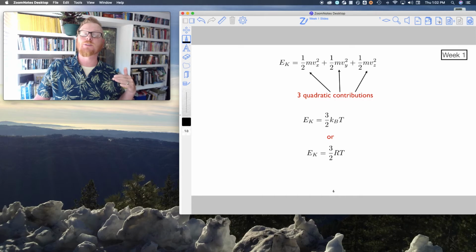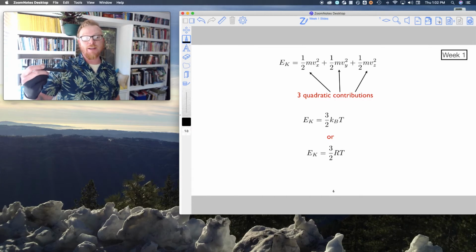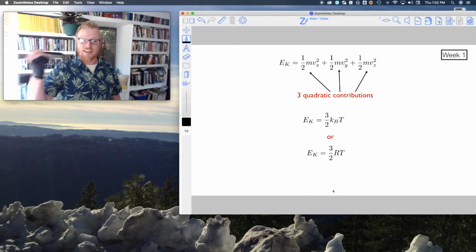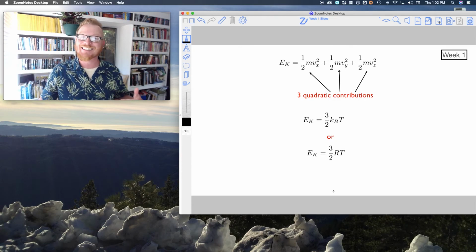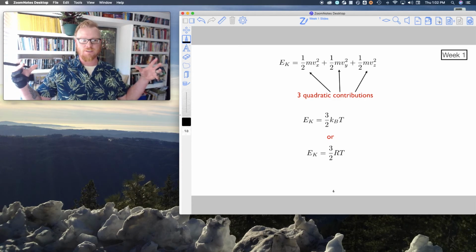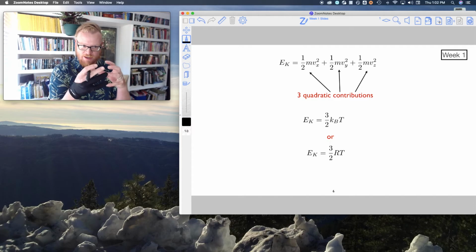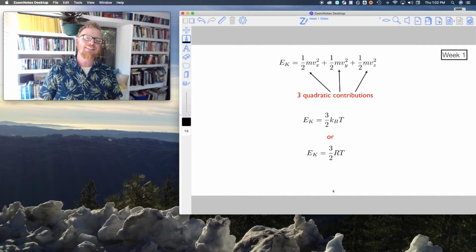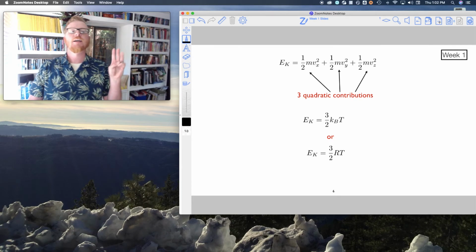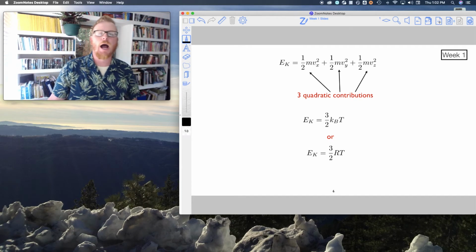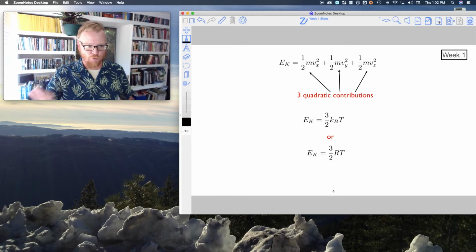As we shall see in liquids and solids, movement in the positive x direction and movement in the negative x direction is significant because liquids and solids are compact together. They might have a neighbor that's different in the negative direction than the positive direction. But for gases, there's only 3 of these contributions, x, y, z, because of the way that it can move around and it's not close to any other neighbors.